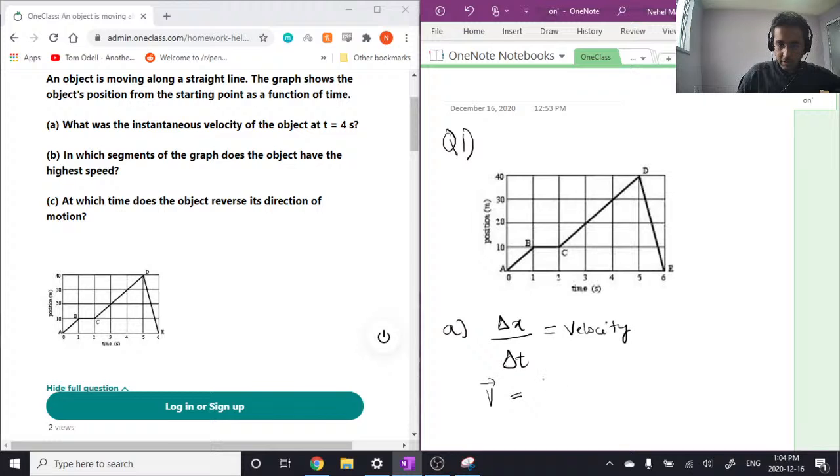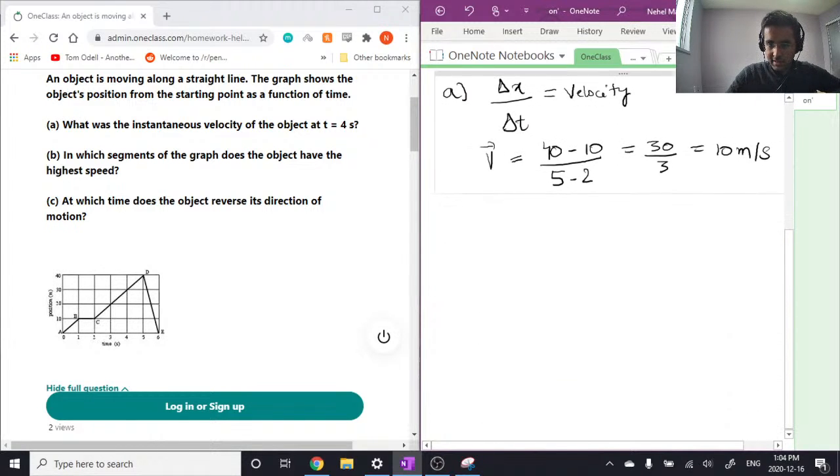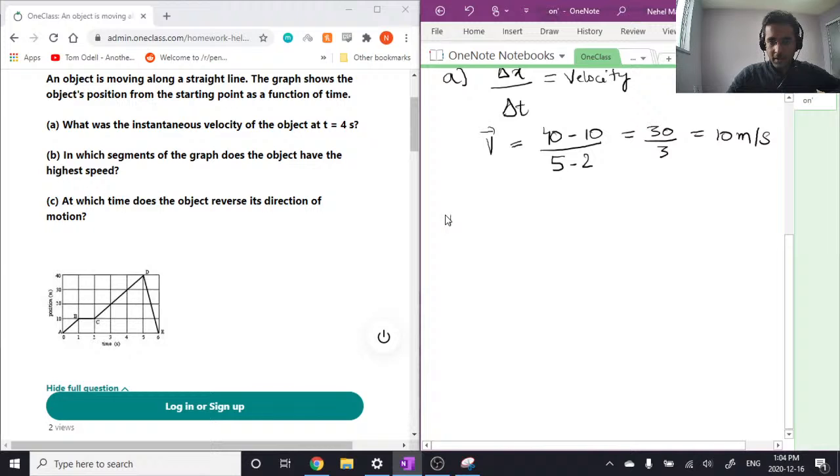So this would be equal to 40 minus 10 over, on the time axis, the delta is from 5 to 2. So this will be equal to 30 over 5 minus 2, which is 30 over 3, or 10 meters per second. Again, I really want to stress that you should always write the units in all of these questions. They're really important.